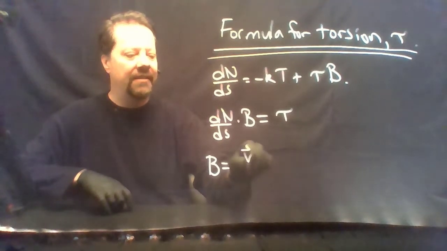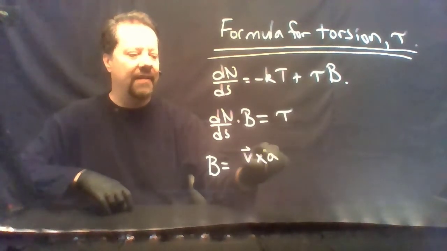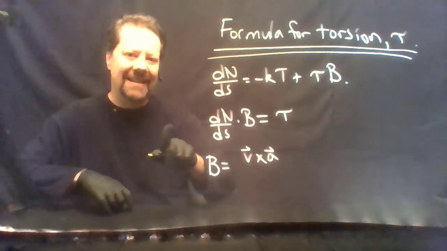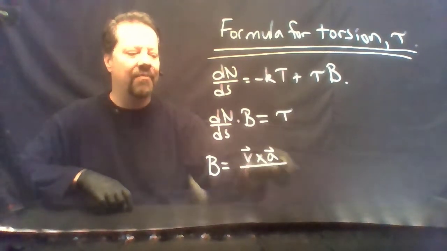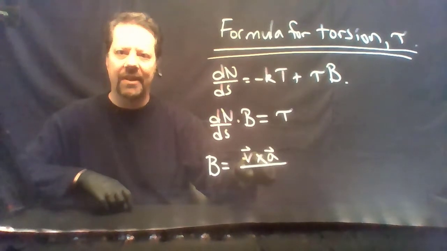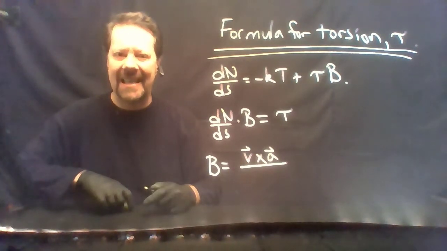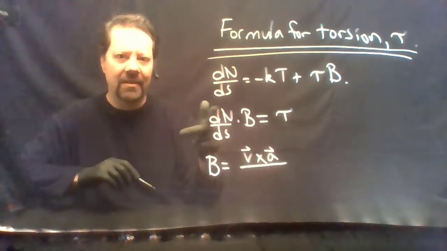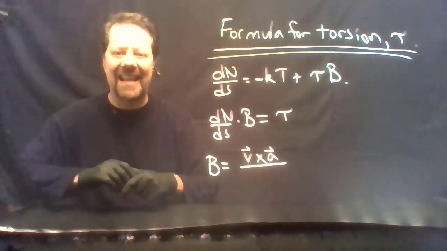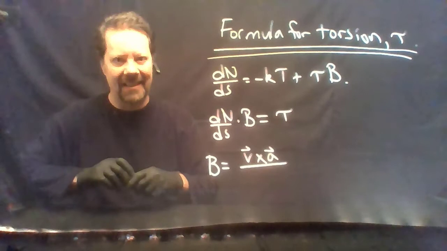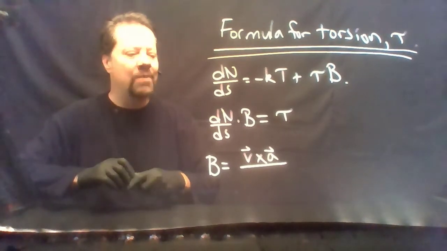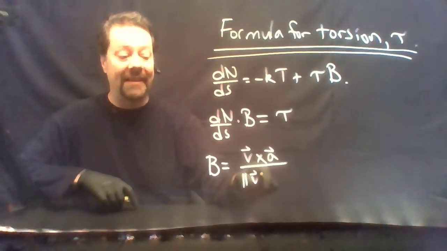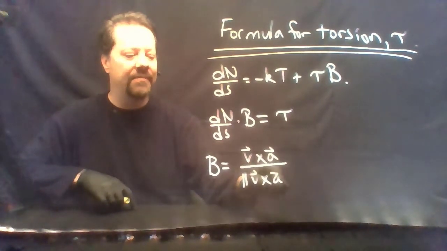We can take v cross a, if v lies in the direction of the unit tangent vector t. The acceleration lies in the plane containing t and n. The cross product has to be normal to the plane containing t and n. It has to be normal to both, which means it has to be in the direction of b, up to, it may not have magnitude 1, so we have to normalize.